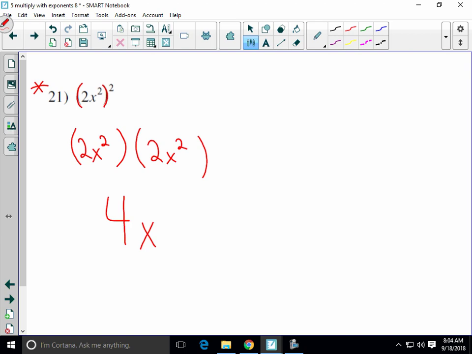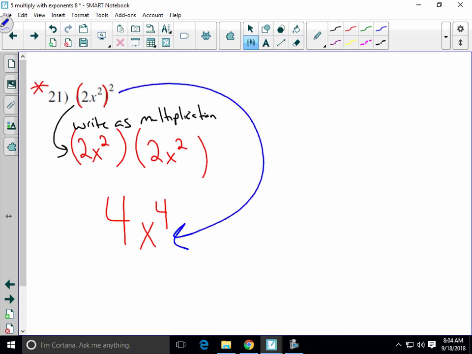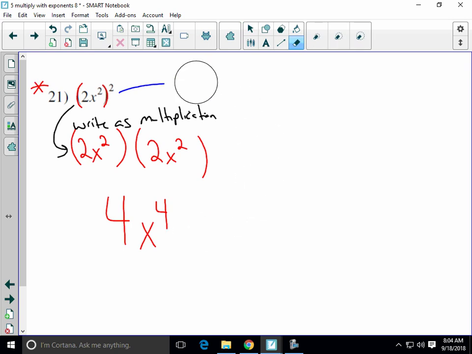X to the second times x to the second is x to the fourth. So when I had an exponent, I rewrote it as a multiplication problem. Again, you will see a trick that takes you right to here later on, but I just wanted to give you this one as a preview.